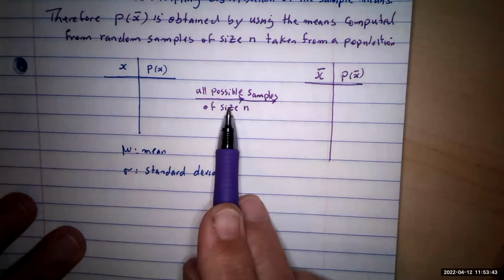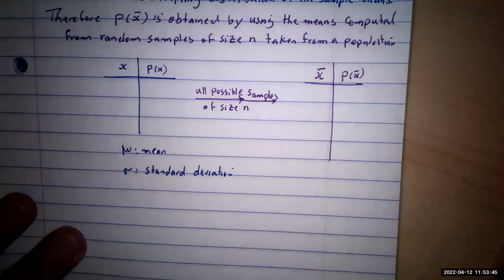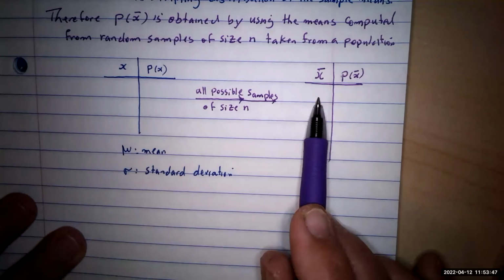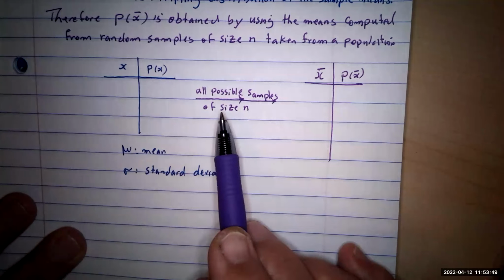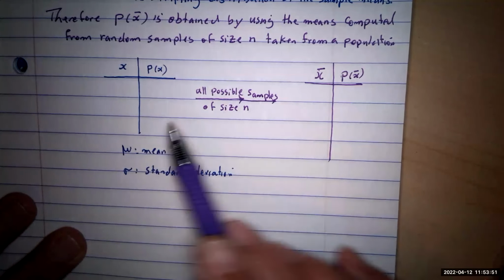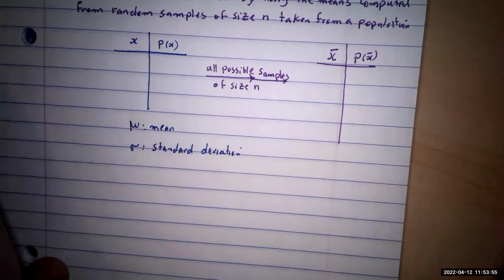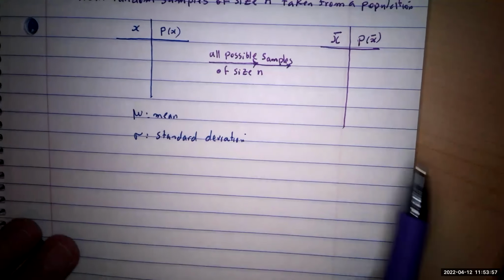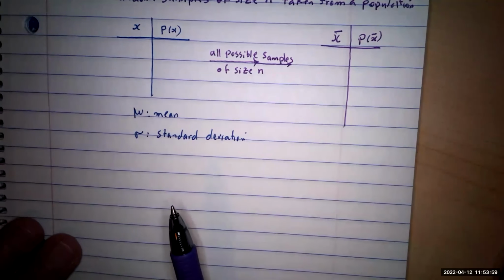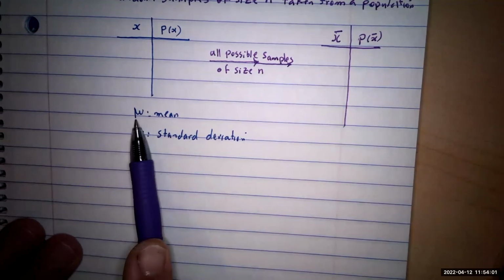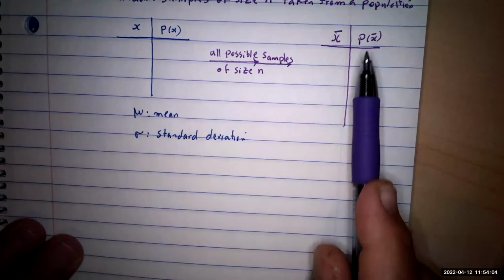We pick a sample of 5 people, find their salaries, the mean salary, put it here. You pick another 5 people, find their mean. Another 5 people, find their mean. All the possibilities. So this is going to be again a probability distribution. So the question is, what is the mean of this new one?